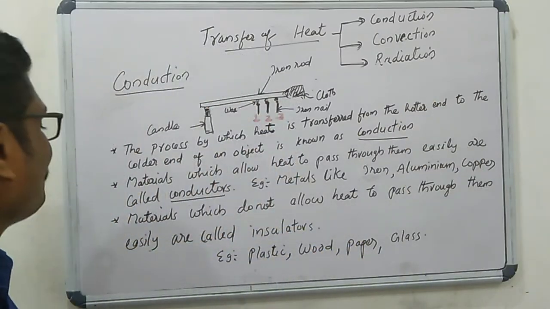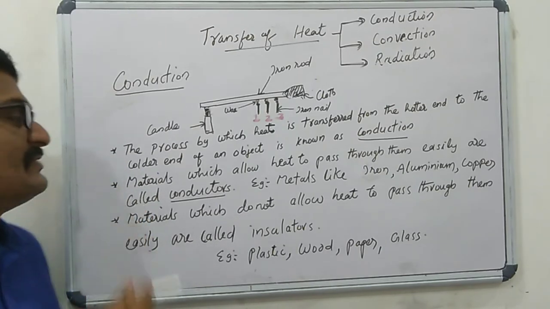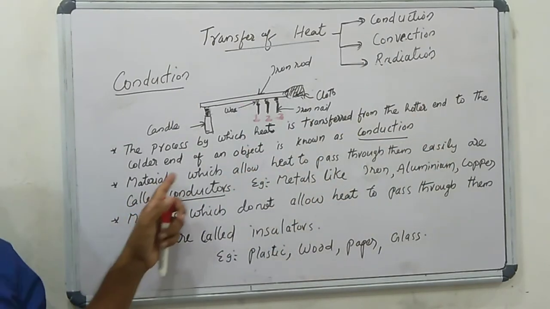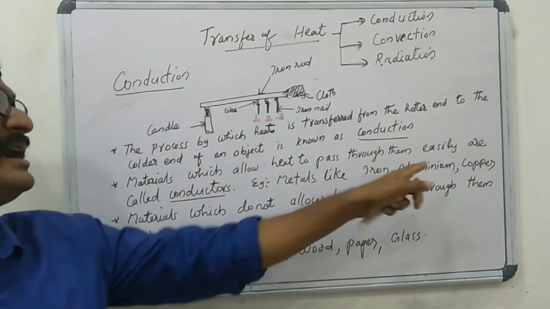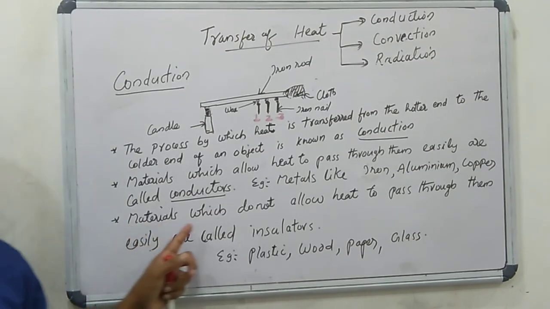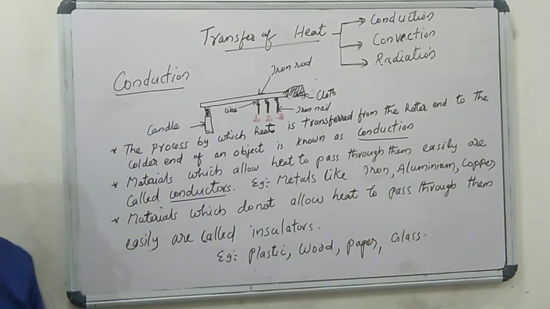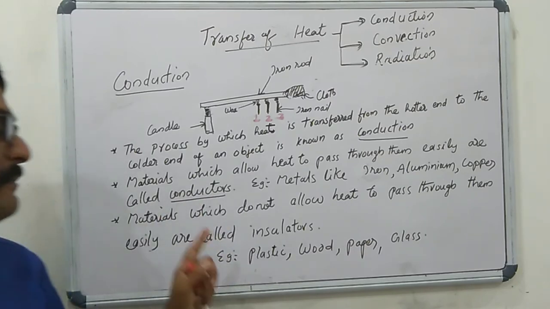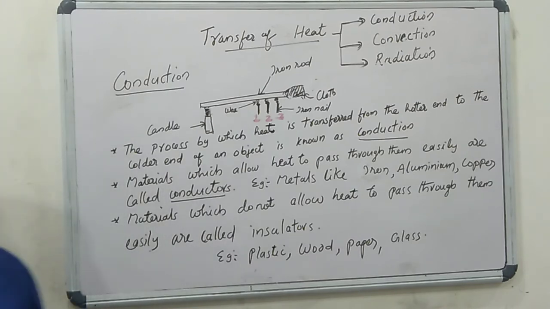The next point. Materials which allow heat to pass through them easily are called conductors. Example, metals like iron, aluminium, copper. Materials which do not allow heat to pass through them easily are called insulators. Example, plastic, wood, paper, glass, etc.